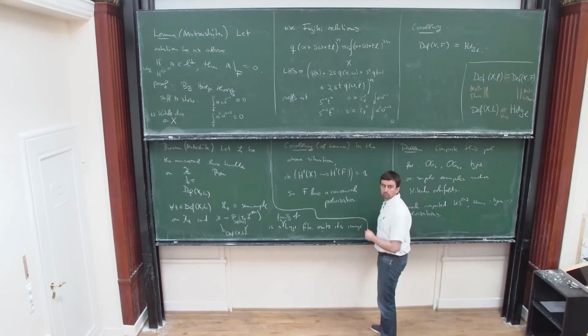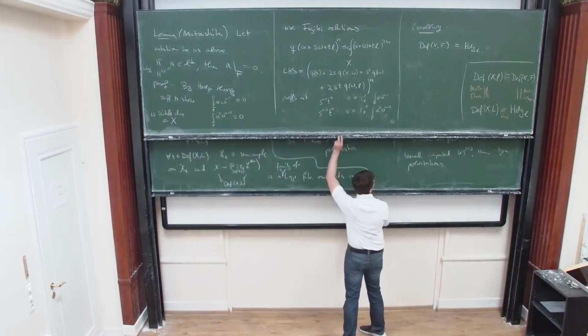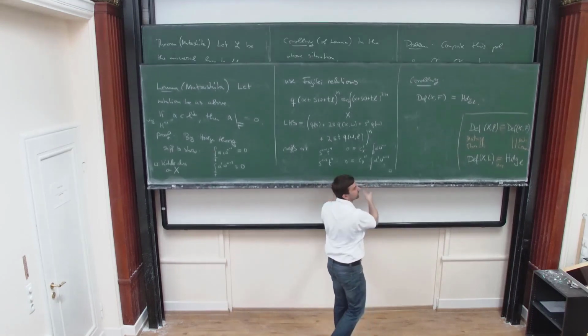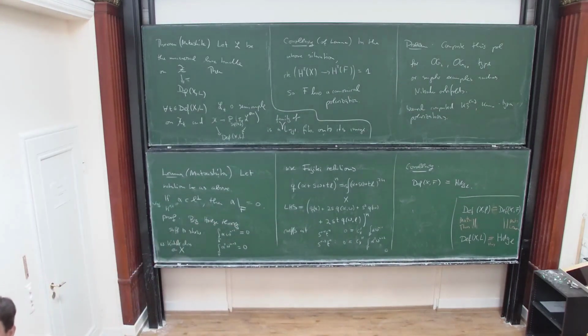Sorry, but does the result not depend on the polarization? It does not depend on deformations. So if you have your Lagrangian fibration and you deform it, you remain with the same polarization type.